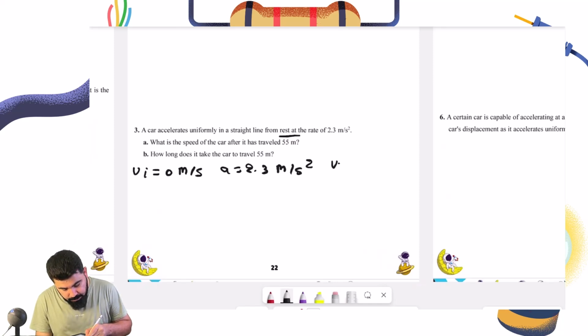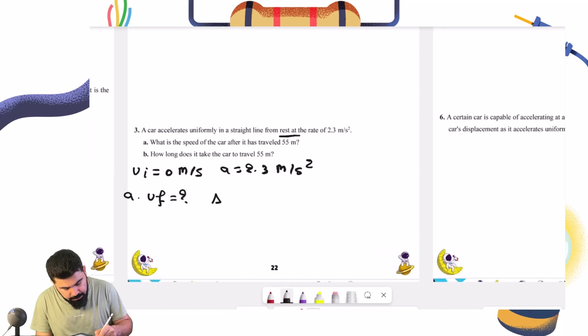So V final is equal to what? If delta x, this is A, it says V final is equal to what?